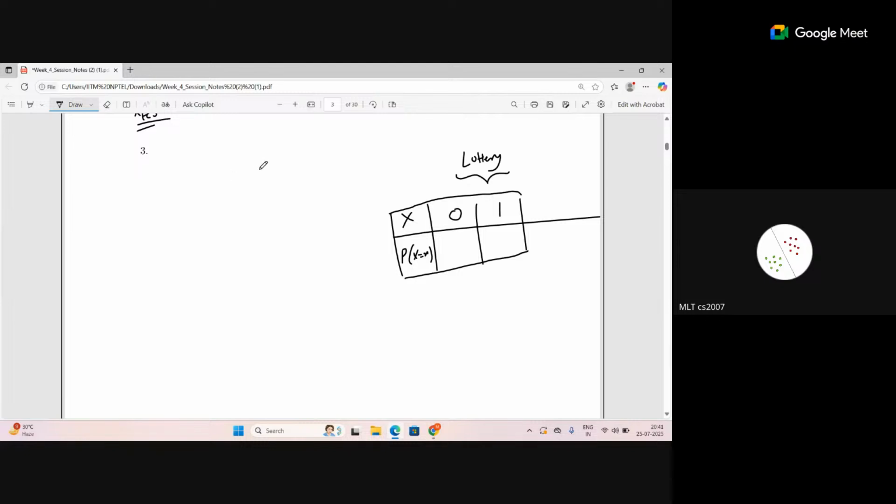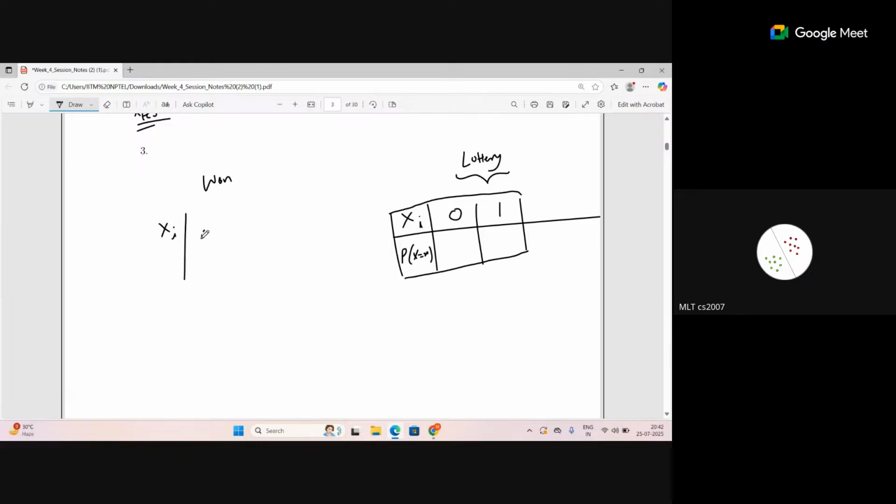Let's say lottery is a word, and now another word is, let's say, any good word. Okay, I'll take one word. Let us say this is xi, and this is also another feature.